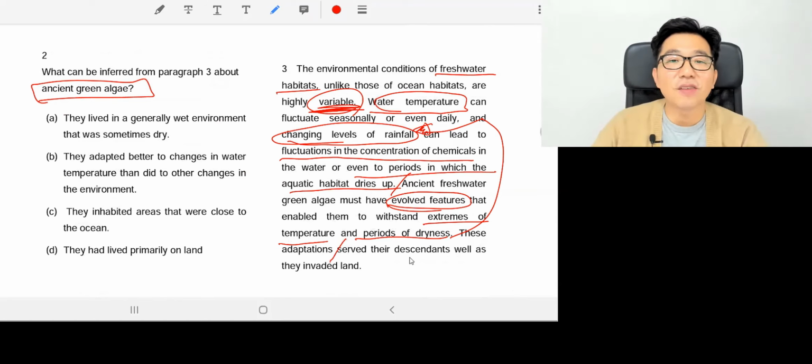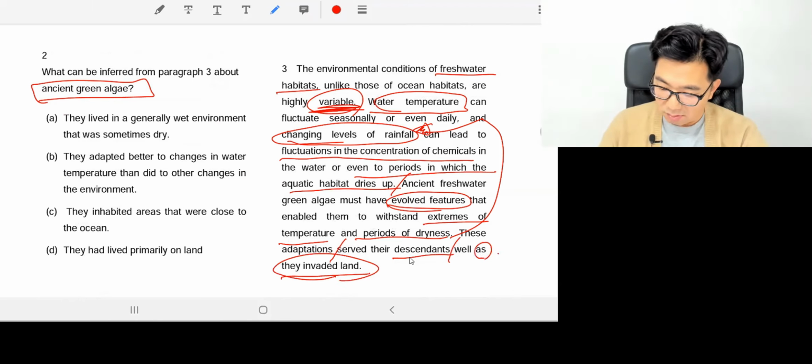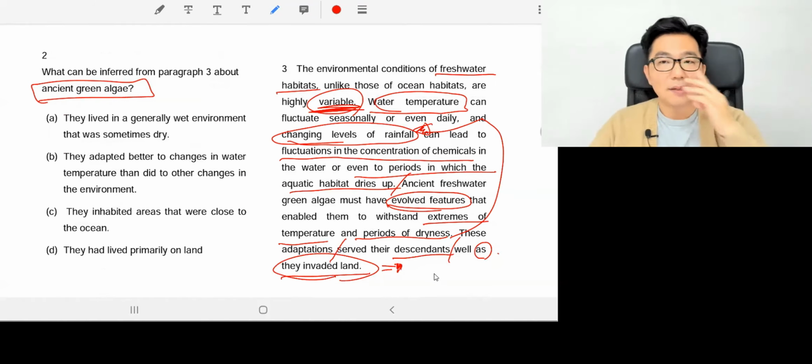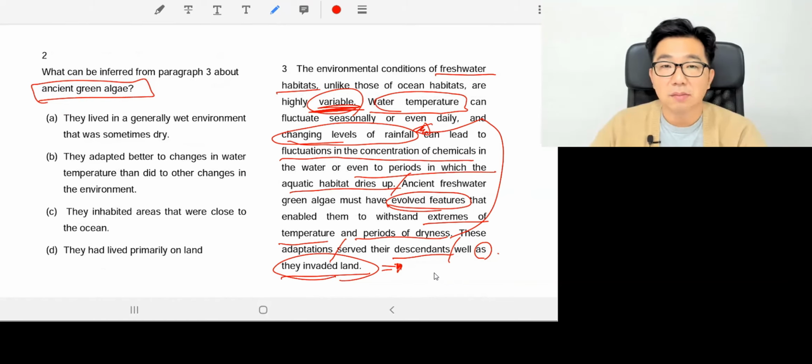These adaptations served their descendants, so land plants in this context, as they invaded the land. It's emphasizing their descendants, which here means evolving potentially into land-dwelling organisms, land plants.